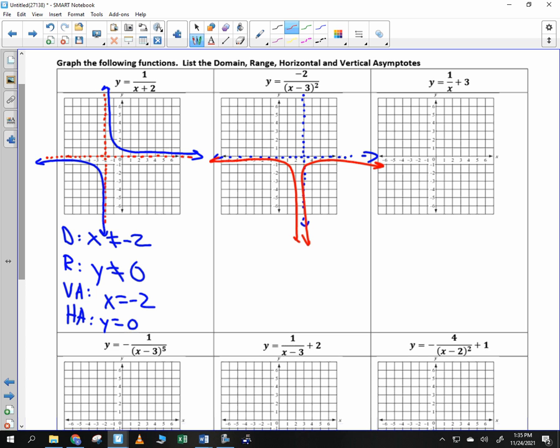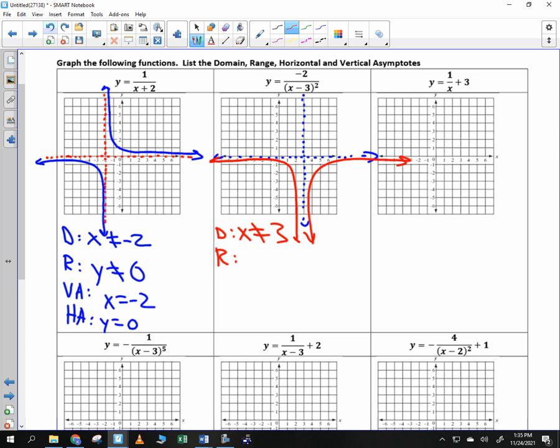All right. What's the domain? Well, that's a really ugly graph there, huh? All right, domain. X can't be 3. Range. You're right, y can't be 0, but as I look at the graph, is y ever equal to 2?